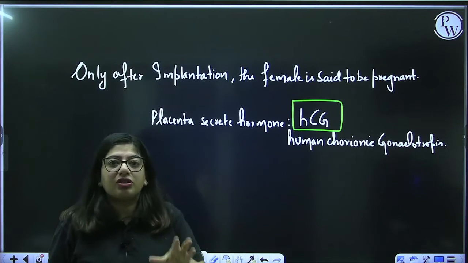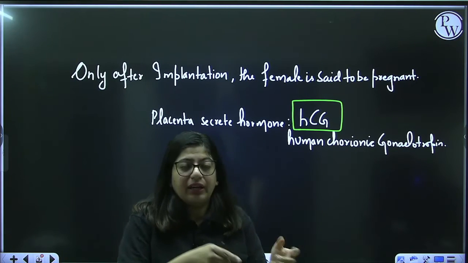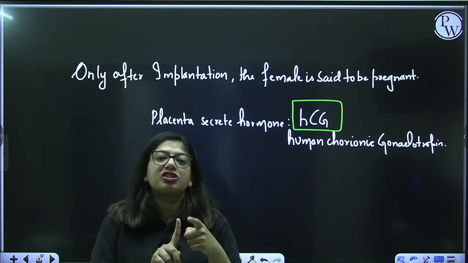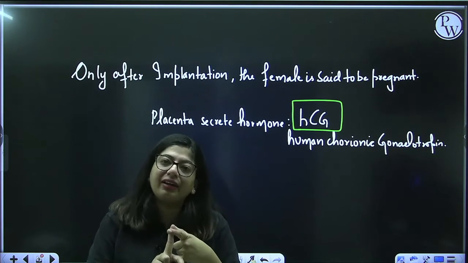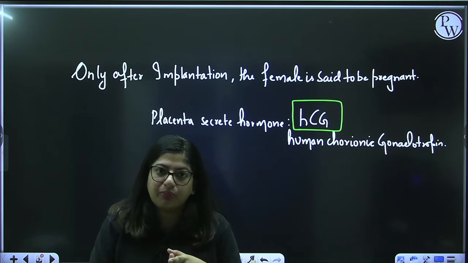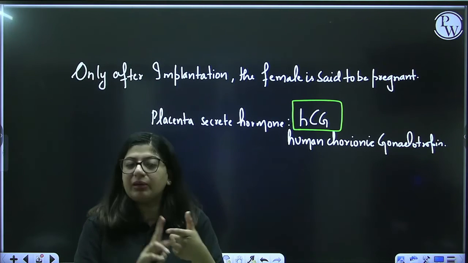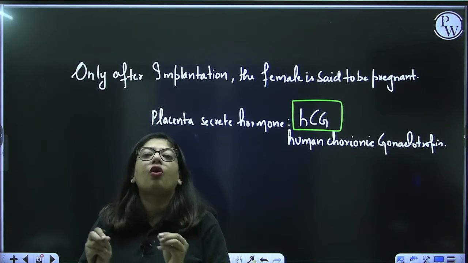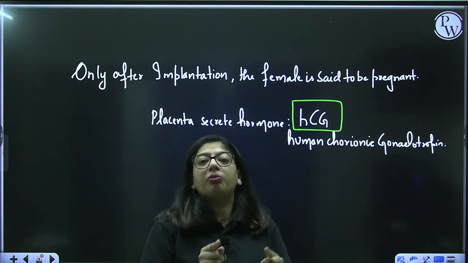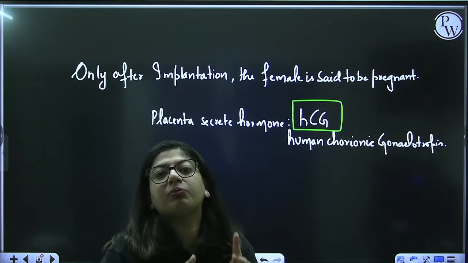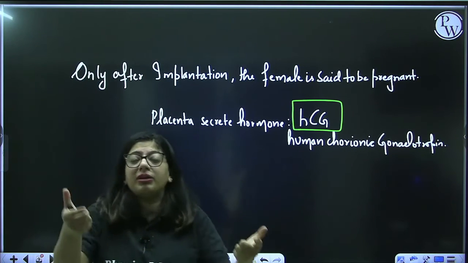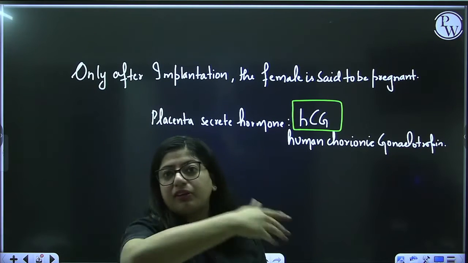Imagine a situation where a female is not pregnant. There are two cases: either fertilization has not taken place, or implantation has not taken place. Maybe the morula is formed, but implantation has not taken place. In that case also HCG will not be produced. HCG will only be produced after implantation, after the placenta is formed, and there you call the female pregnant. There can be a chance that the morula is formed and it will be swept away.